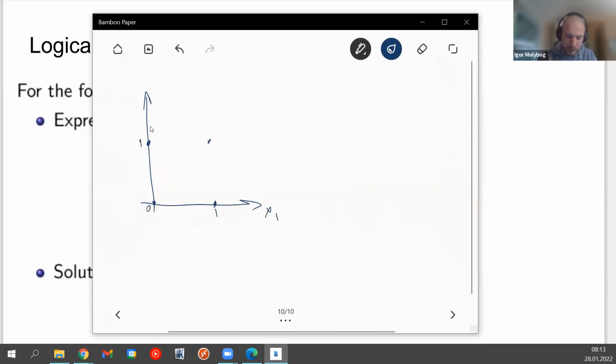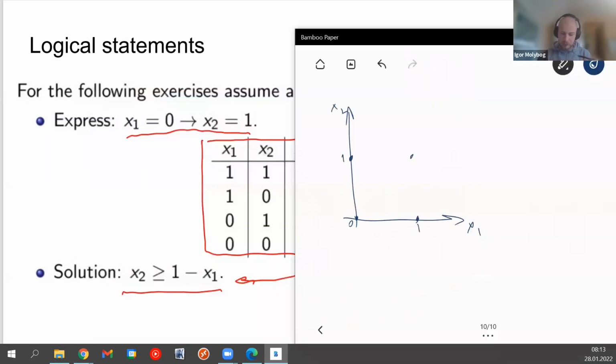Here is our x1, here's our x2 value, and we would need to denote what exactly are the values that belong to the set that we are trying to express, and what are the values that do not belong to the set.